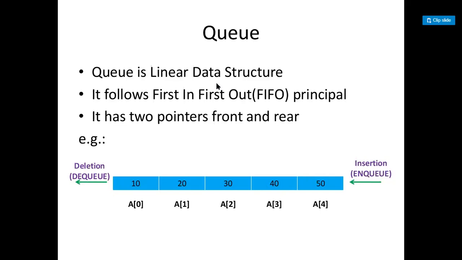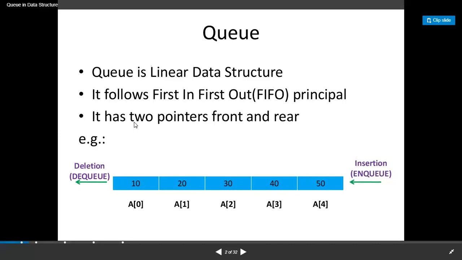Okay, before that we will try to understand the structure of queue, how we can represent, technically how we can access. Okay, those concepts we'll see today. So one more point, that is, it has two pointers, front and rear.